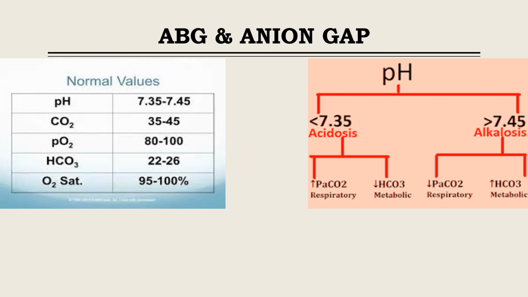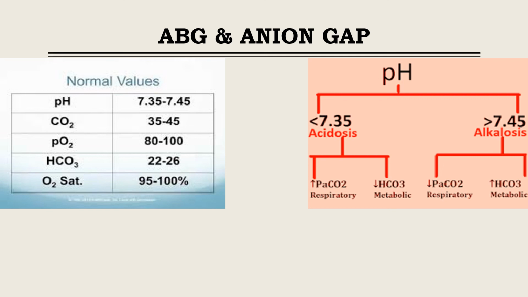So if the PCO2 increased, we have CO2 retention, and this will affect the pH in an inverse way. So the pH will decrease. And if the PCO2 is decreased due to washing out of the CO2, hyperventilation, the pH will increase.